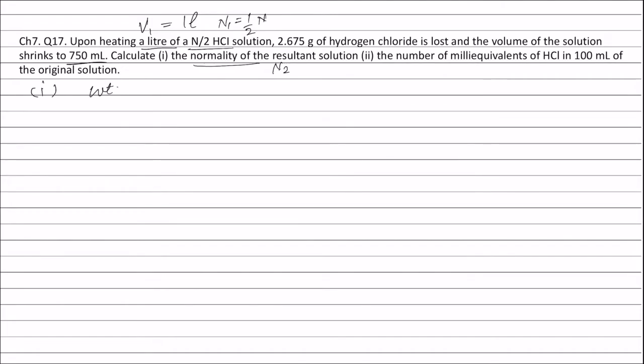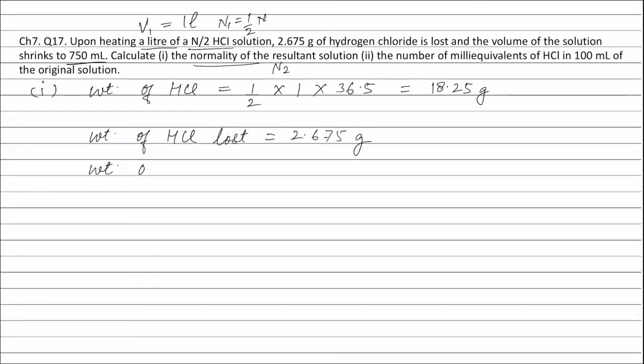Now weight of HCl in the original solution will be equal to normality of the original solution, that is 1 by 2, into volume of the original solution, that is 1 liter, into equivalent weight of HCl, that is 36.5, and this is equal to 18.25 gram. Now weight of HCl lost is equal to 2.675 gram.